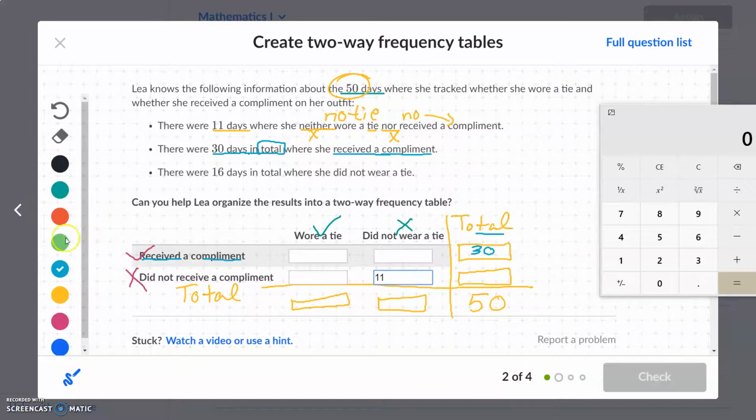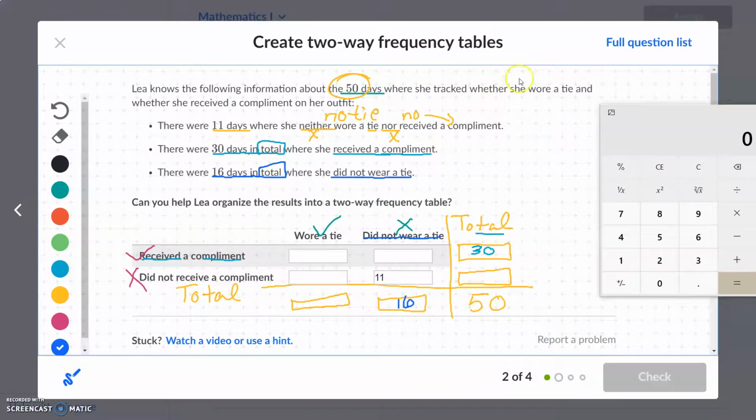And let's see what else we can fill in here. There were 16 days in total, another total, where she did not wear a tie. So that's this one, right? Did not wear a tie. Total was 16.